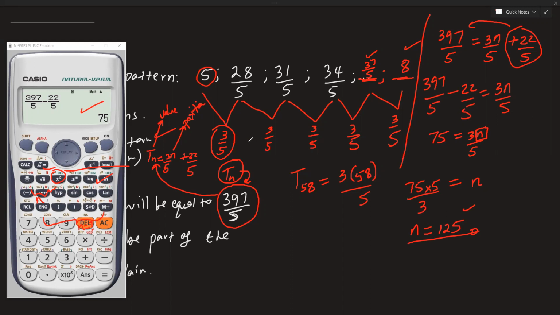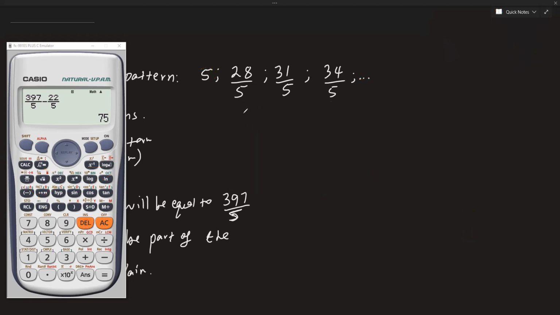Awesome. Then let's go to the last question. So I'll just leave this Tn. Okay, let's erase everything to create space. Sharp. So my Tn was 3n over 5 plus 22 over 5, right?